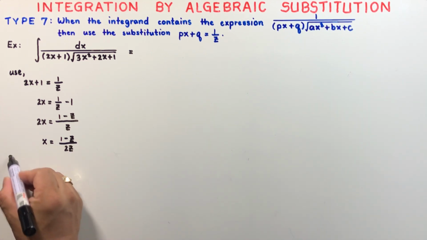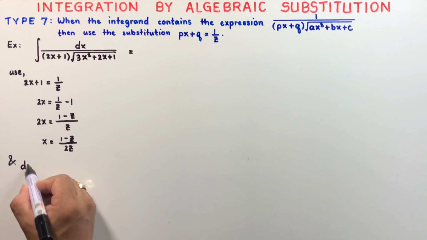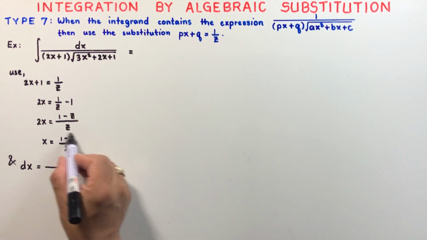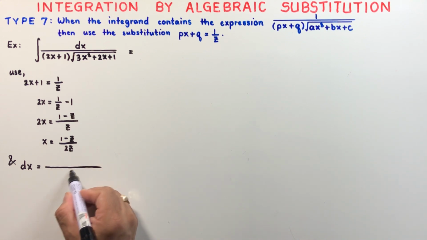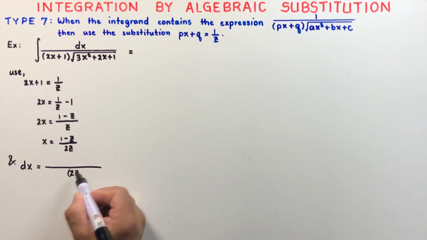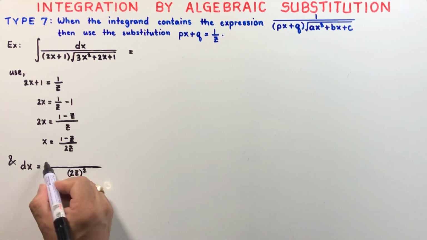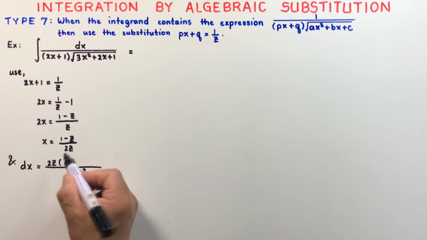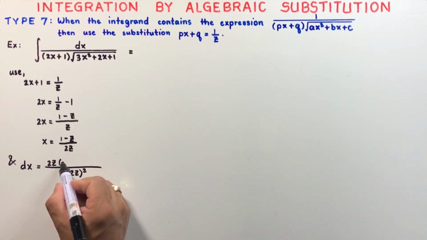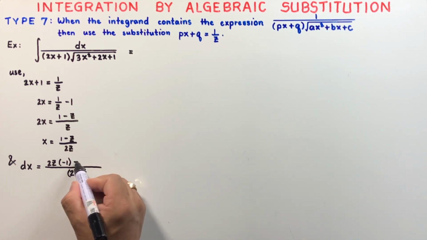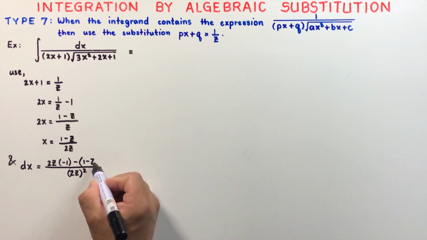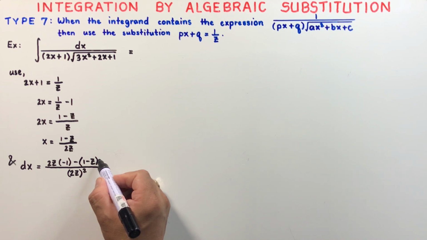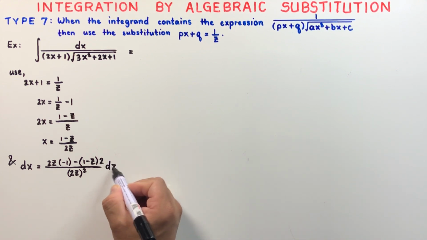And therefore, we can solve for our dx, which can be obtained by the derivative of this quotient here. So we square the 2z as our denominator, and this denominator of 2z will be multiplied by the derivative of the numerator, which is negative 1. And this numerator of 1 minus z will be multiplied by the derivative of the denominator, which is 2.